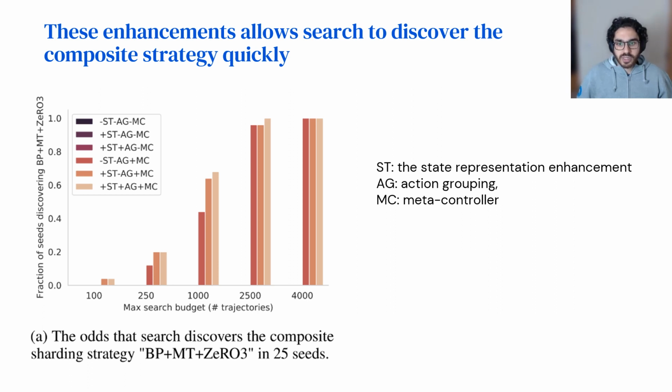Adding action grouping, state aliasing, and compressed state, we were able to do that even more reliably without using a metacontroller, which is the goal-oriented Monte Carlo. We were never able to actually recover these composite search strategies otherwise, which makes us believe that goal-oriented Monte Carlo is crucial to discover these composite strategies that are otherwise very difficult to find.